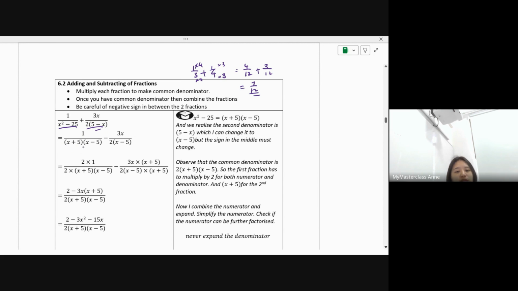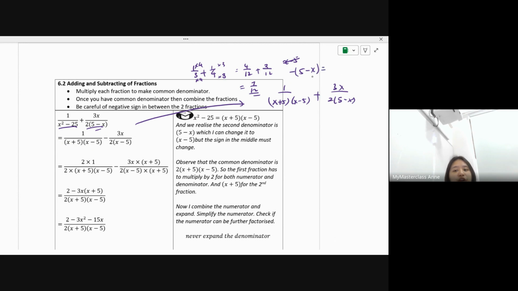And then what do we do? Now, a skill for you to take note. 1 over x plus 5, x minus 5, plus 3x over 2, 5 minus x. Just for you to take note: if I have 5 minus x, and I put a negative in front, what will happen?